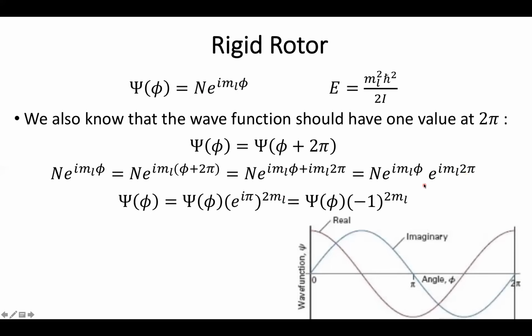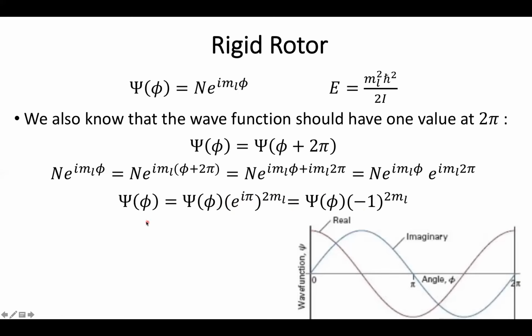Well, this is going to be a little bit problematic. However, we can substitute out the system. Again, using our exponential rules, we can pull out the 2 pi as a power. So this is going to be the same thing as e to the i pi, raised to 2 times the rotational quantum number. We get to pull that out. This one is where we finally get to use Euler's identity, because e to the i pi is the same as -1.